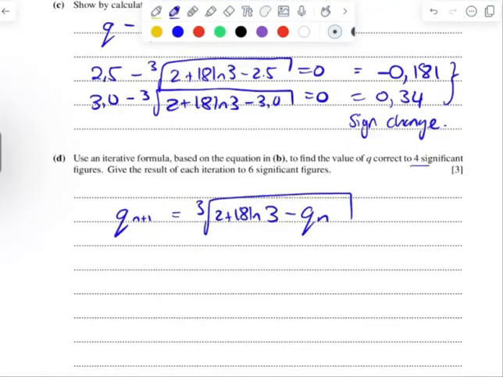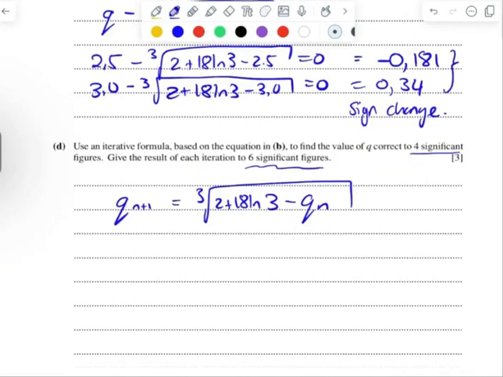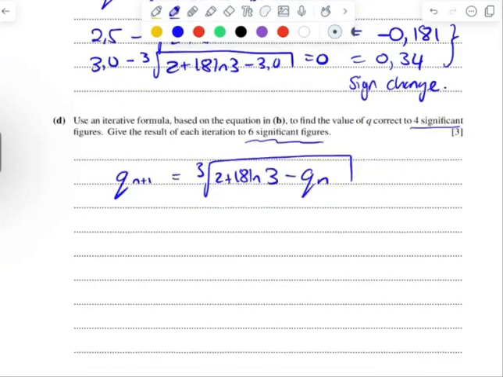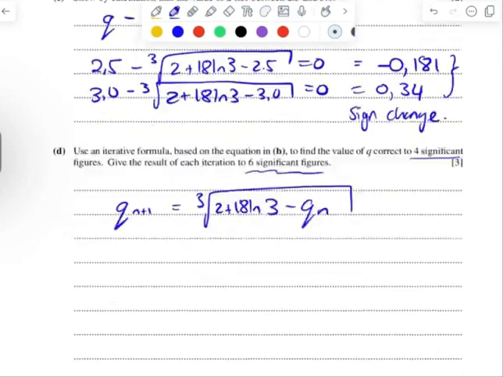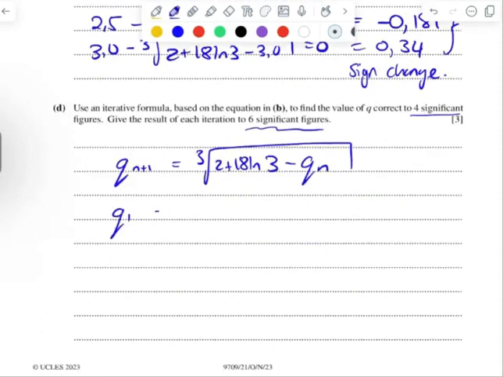We need to give 4 significant figures for our answer. And each result must be given to 6 significant figures in between. So you can start with either 2.5 or 3. I'm going to say it's 2.5. And so all we're doing is plugging our values into this equation, and we're going to wait until what we put in is the same as what comes out, basically.